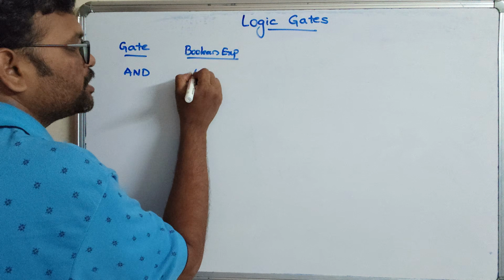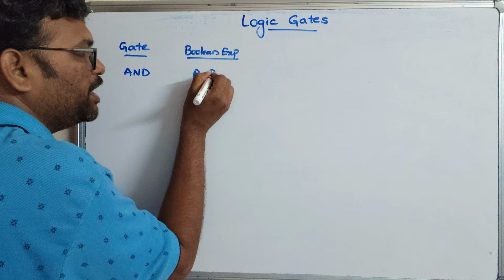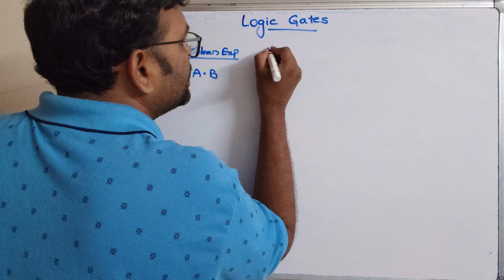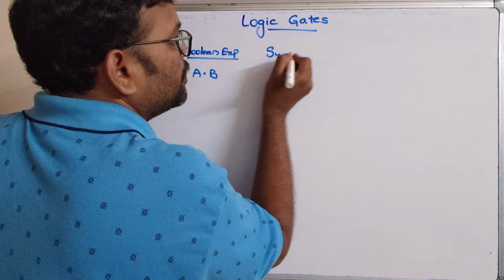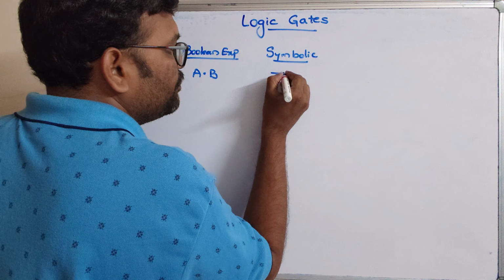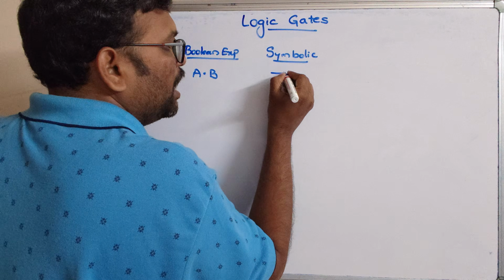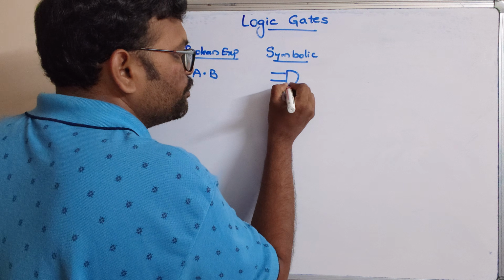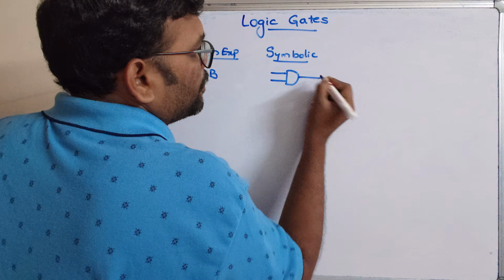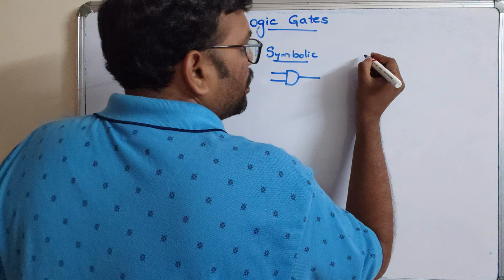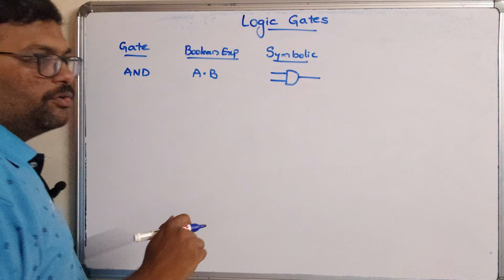What is the Boolean expression? A dot B. So here AND is represented with a dot. Next, symbolic representation. It will be taking two inputs, and for those two inputs the symbol will be in this way. This is the AND gate. And later I'll tell you the truth table.